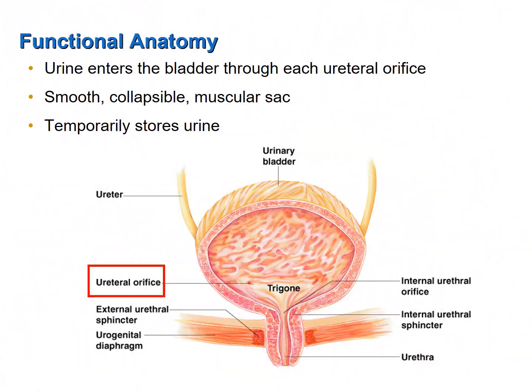Urine enters the bladder through the uretral orifices. The bladder itself is a smooth, collapsible muscular sac. Its function is to store urine until it is appropriate to void or urinate. The bladder expands as it is filled and collapses as it is emptied, with little change in internal pressure.